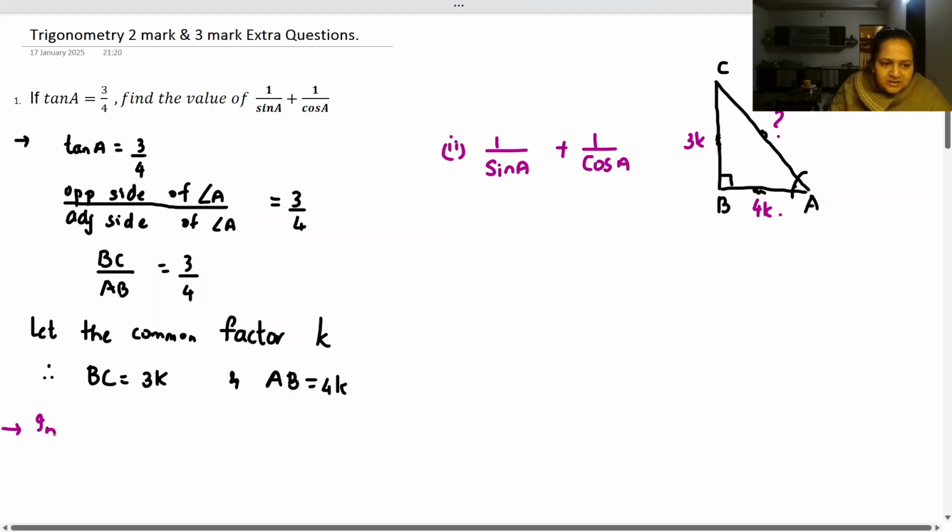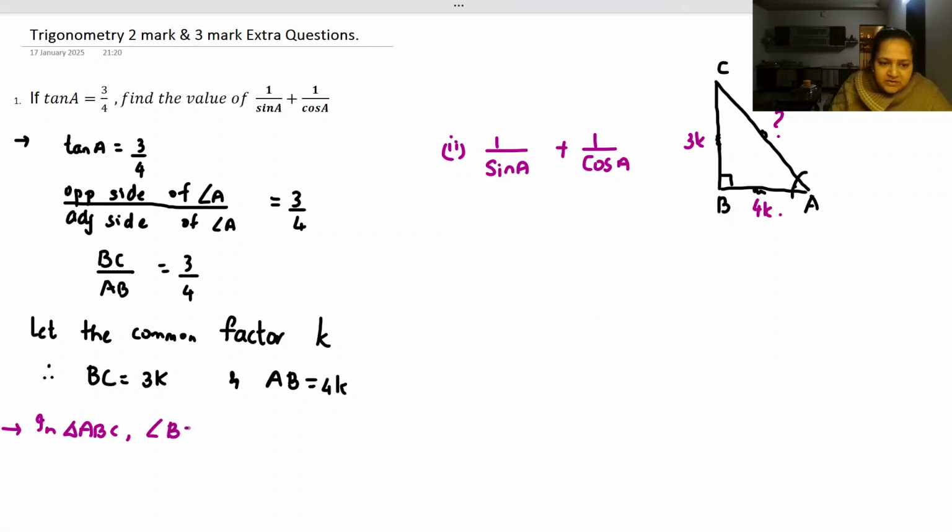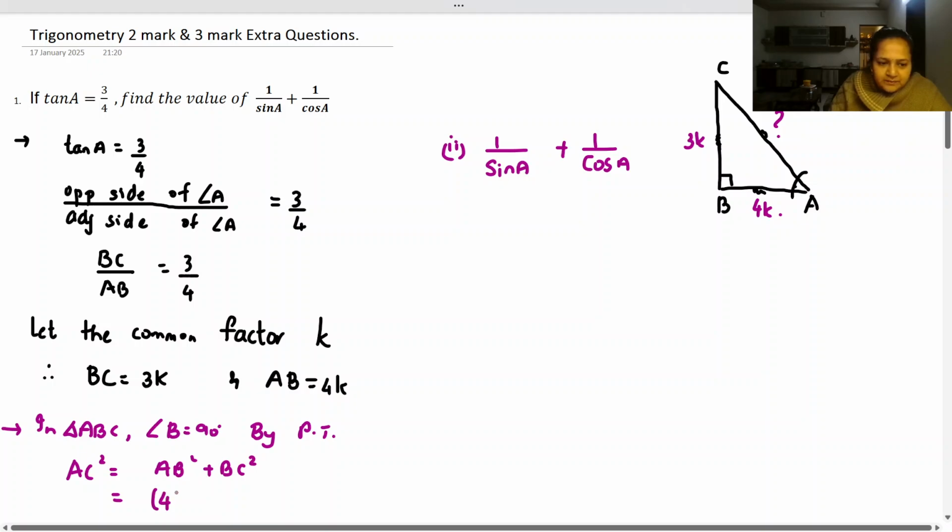In triangle ABC, which is right angled at B this time, we've taken angle B as 90. By Pythagoras theorem, AC square is AB square plus BC square. Now AB is 4K, plus BC is 3K.